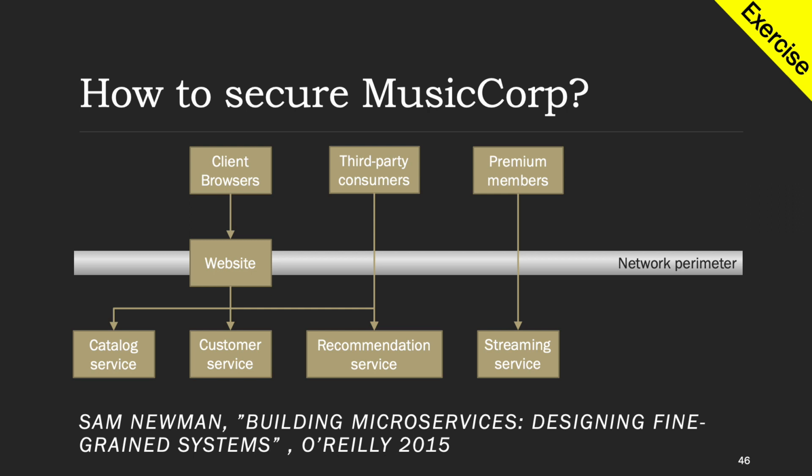Finally, we also expose our catalog data to other third parties, for example, allowing the metadata about artists or songs to be embedded in some music review websites. Inside our network perimeter, we have some collaborating services which are only ever used internally. So this is basically the setup.